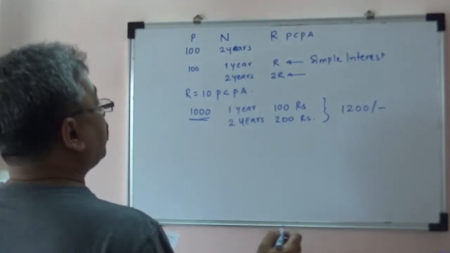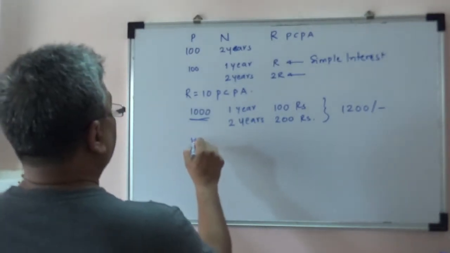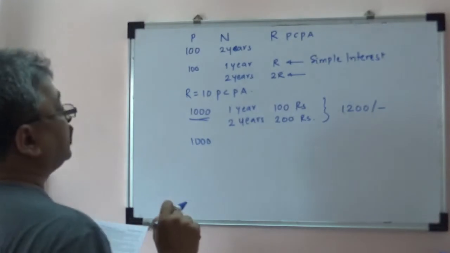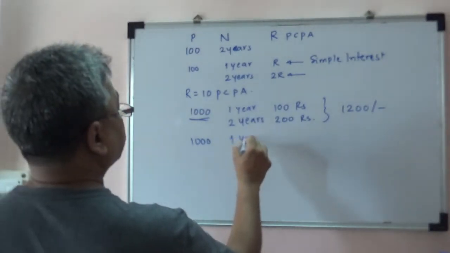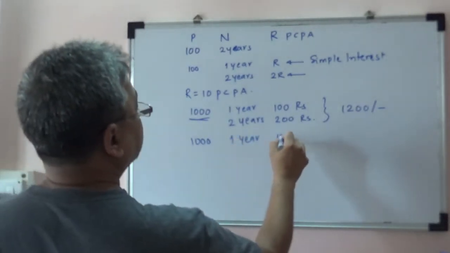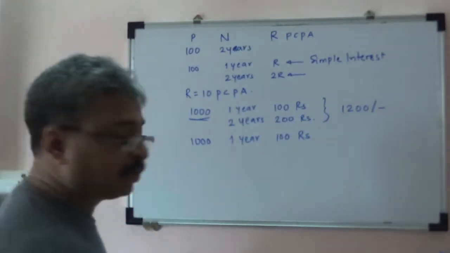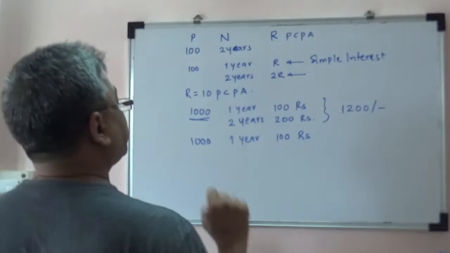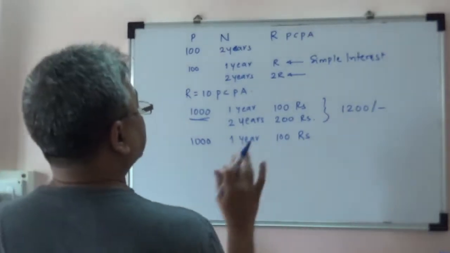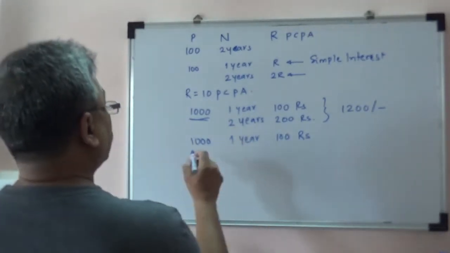Now, in case of compound interest, what we will do is, 1000 rupees is kept in the bank for 1 year. We get interest of 100 rupees at the end of the first year, which I don't only consider as interest, I add it to my principal.